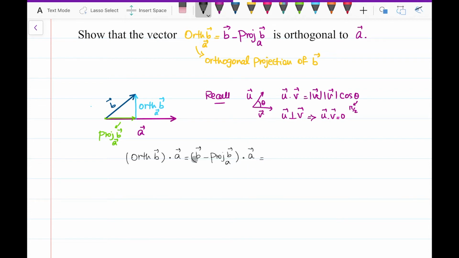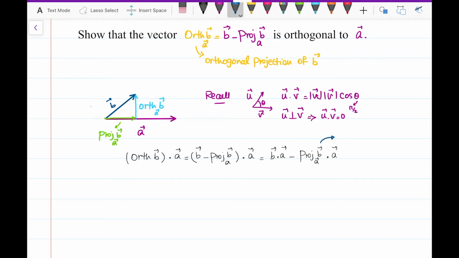So I'm gonna distribute A to this summation of vectors. It would be B dot A minus projection of B over A, this vector dot A. Okay, so what is the projection?